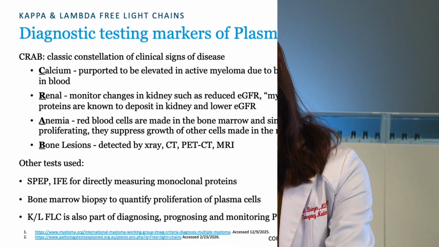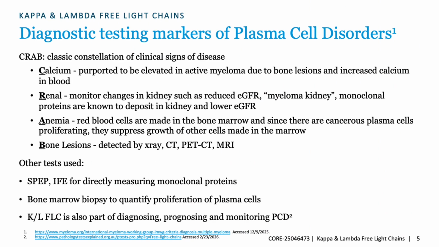And so what are more specific tests that are used for multiple myeloma? That's a great question because these in themselves don't diagnose multiple myeloma. You have to have a suspicion, right? You have to have a suspicion to order a specific test, and that can be done either by primary care or hematology. So first, you have serum protein electrophoresis.